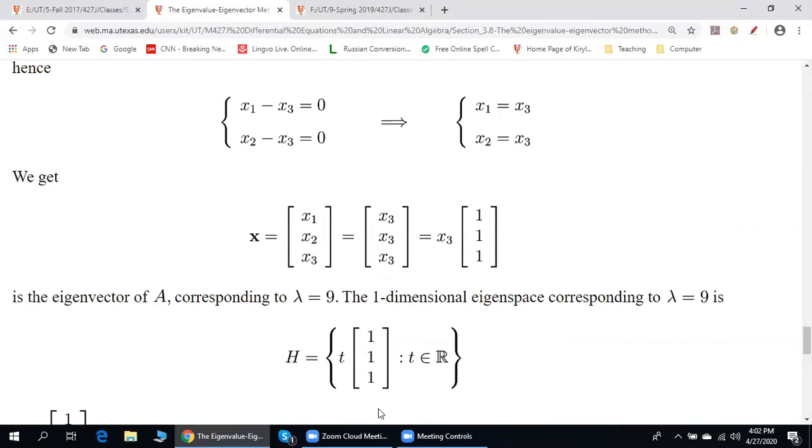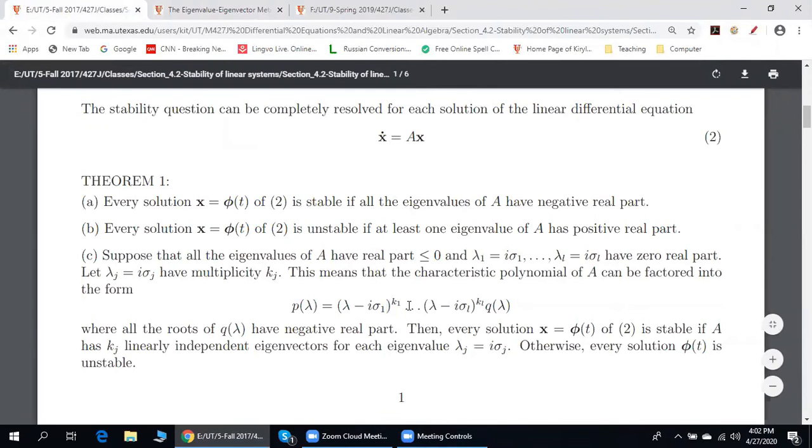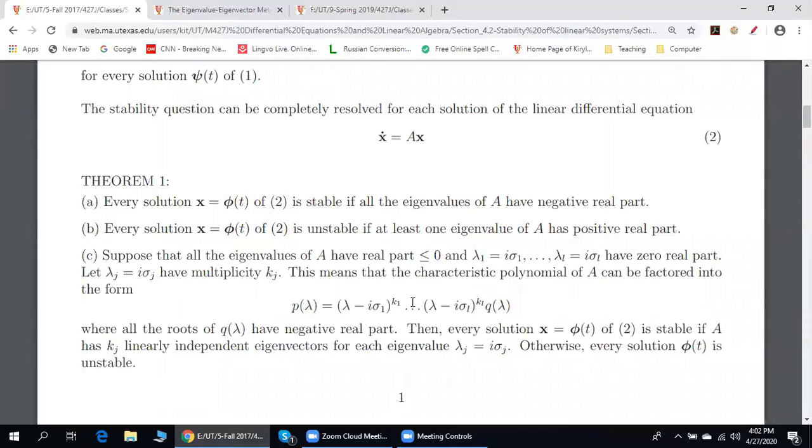Does this answer the question? Yeah, and when we're applying Theorem 1, do we find the dimension of the matrix that we find the eigenvalues of? We find the dimension of the corresponding eigenspace. Here's matrix A. We find all eigenvalues. Then for each eigenvalue where the real part is 0, we find the corresponding eigenspace.